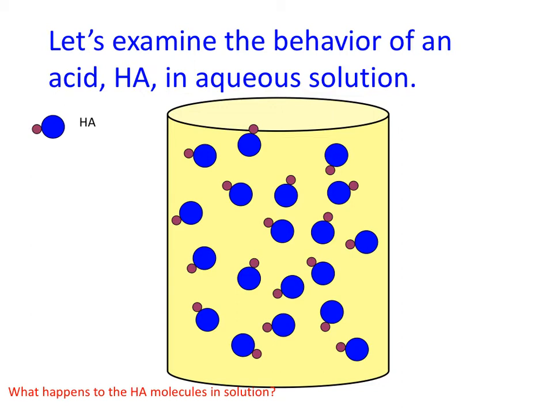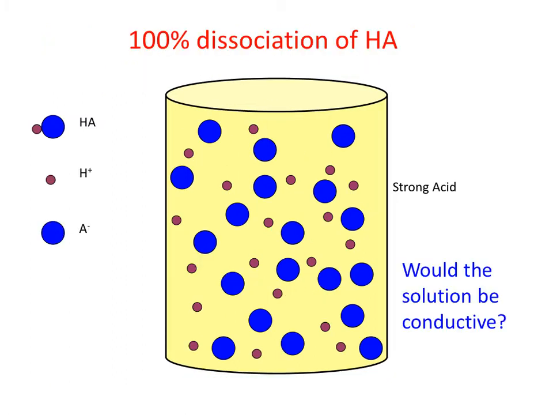When you initially add it to the water, everything is together, you have these HA molecules. Then, just as happens with some other solutions that we've talked about, some of them will dissociate. And the amount of dissociation is going to determine what sort of acid it is.